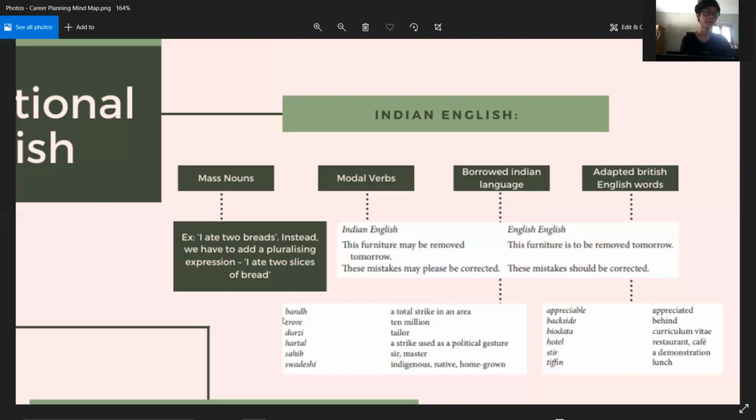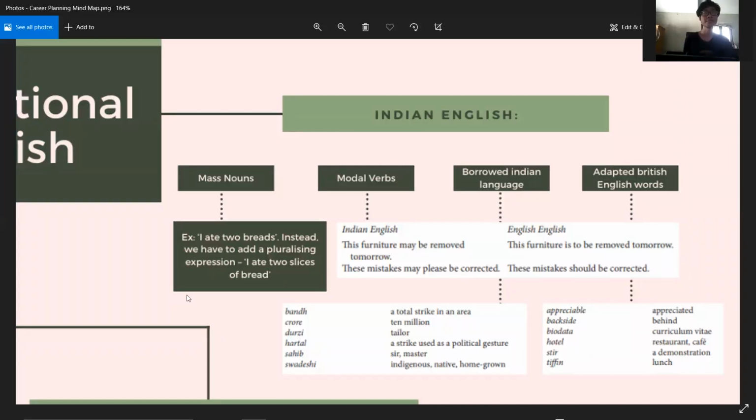The second example: this mistake may please be corrected in Indian English. In British English, we say this mistake should be corrected. It would appear that in the Indian English examples, the modal verb may has been interpreted by the speaker or writer as being a polite form, and this pragmatic function takes precedence over the semantic meaning.